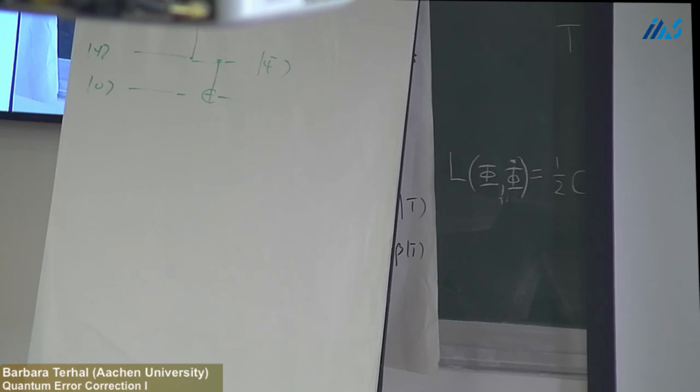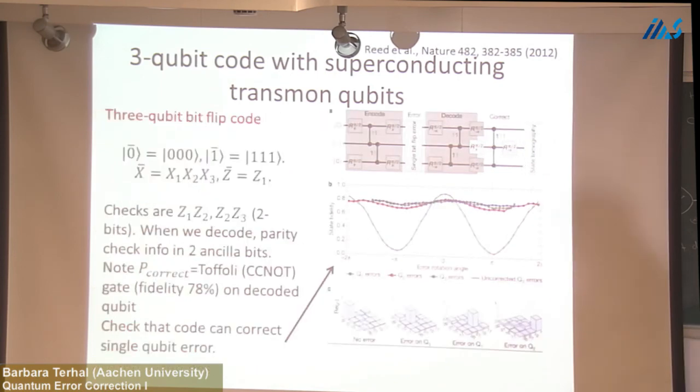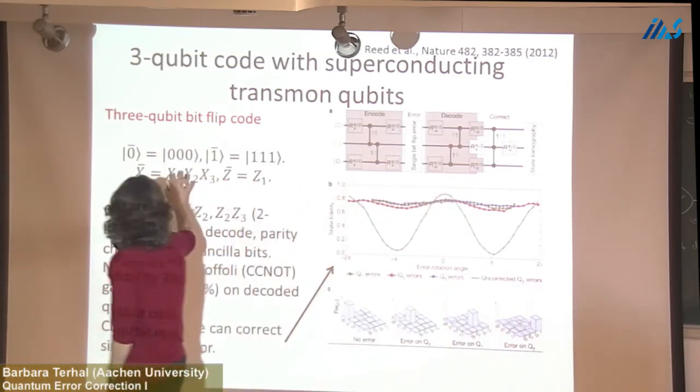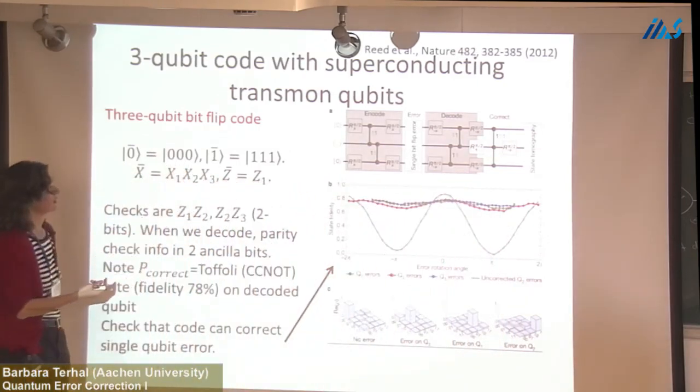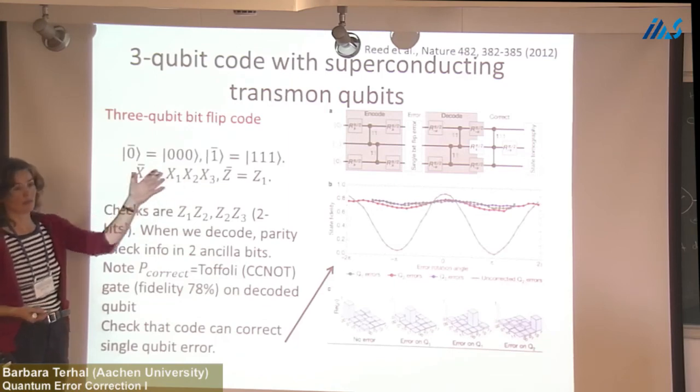But one thing I want you to note is that the logical C is a single C. Well, this code, if you use 3 qubits, you cannot get a code that has weight 2 or more for both logical operators.